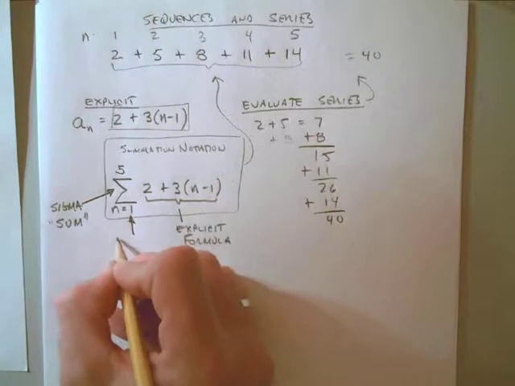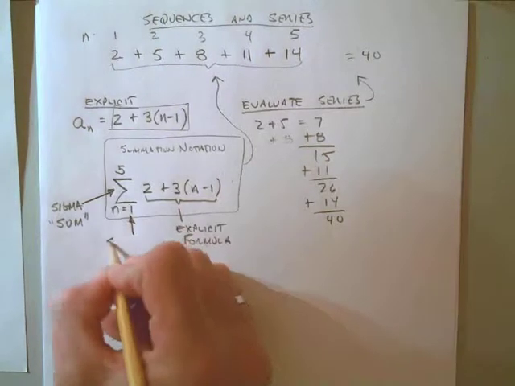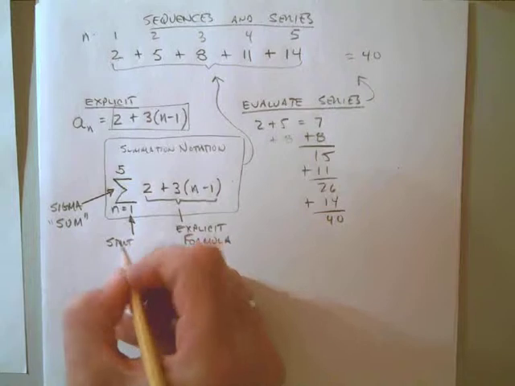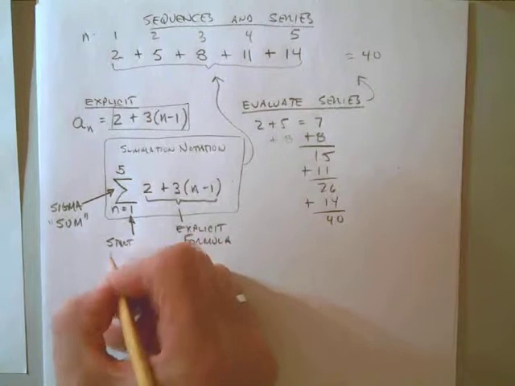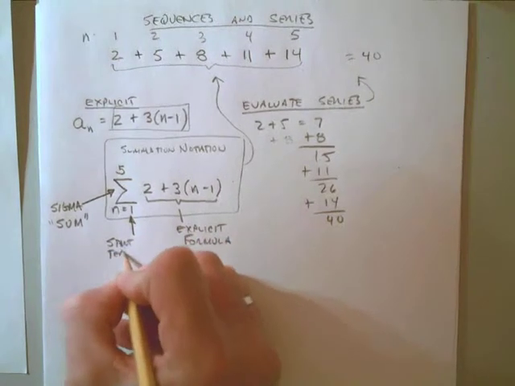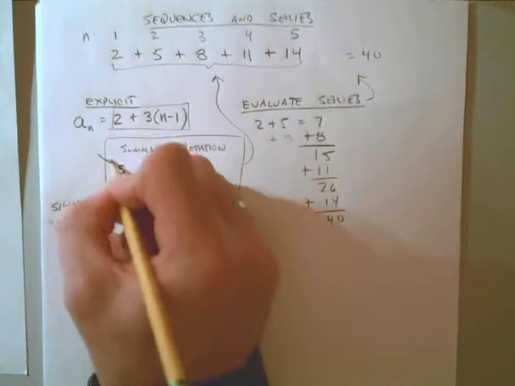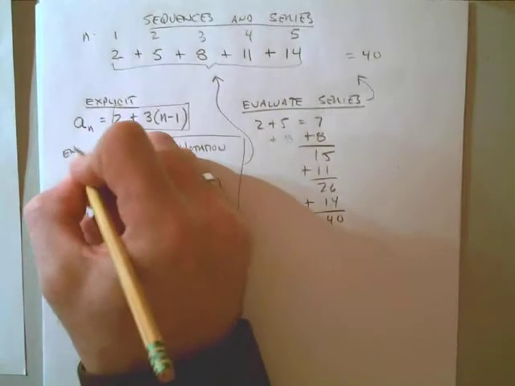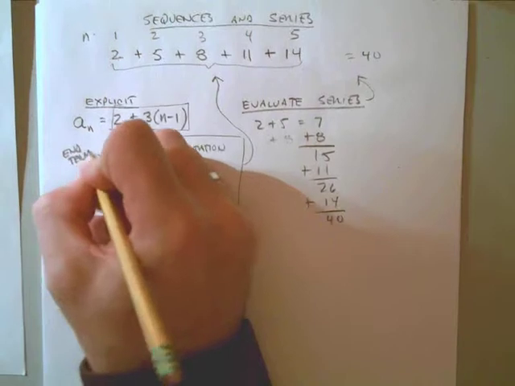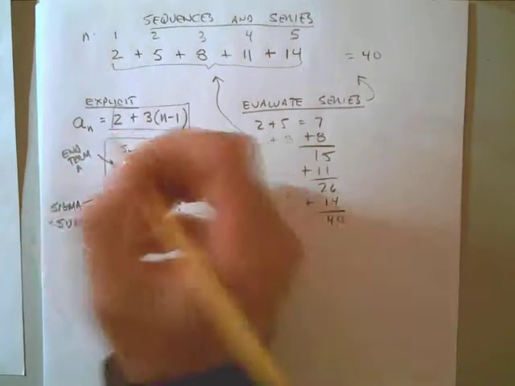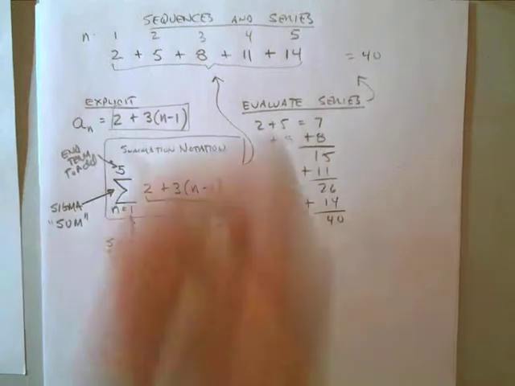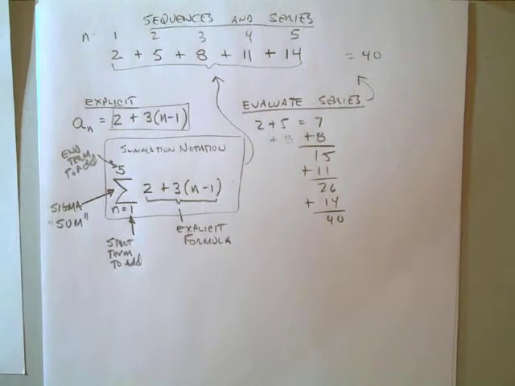This is the first term, or the starting term, that we want to add. And this is the ending term that we want to add. Okay, and that's how it works.